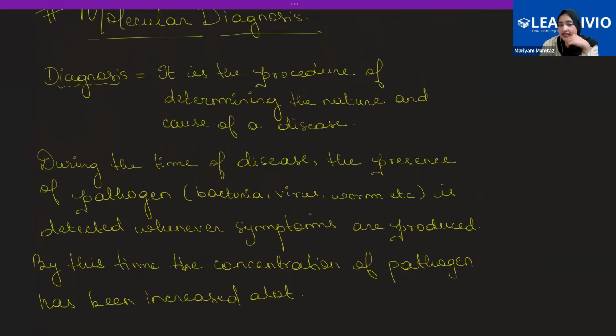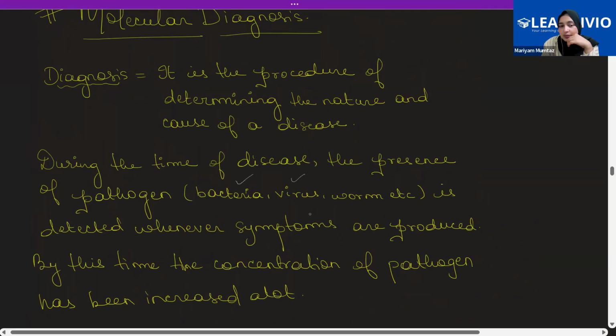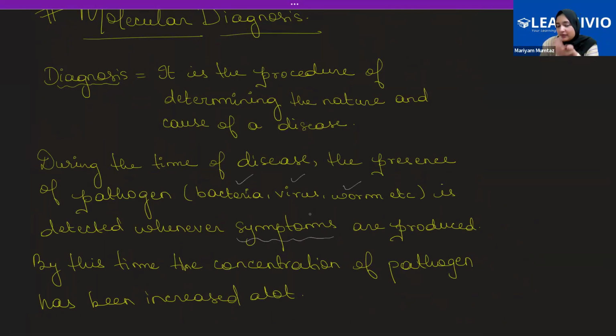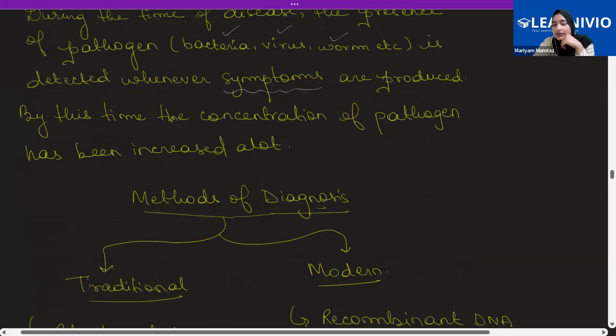During the time of disease, the presence of pathogens such as bacteria, viruses, worms is detected whenever symptoms are produced, right? But when you produce symptoms, it means that during that time, that particular pathogen has increased a lot.